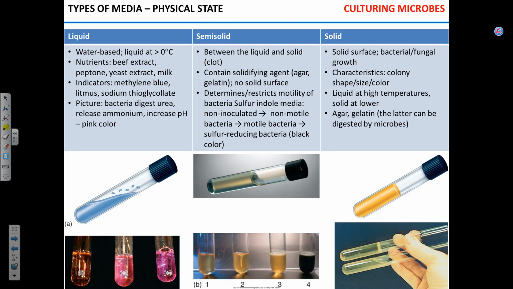Based on the physical state, you've all seen agar plates, well, I suppose. Agar is solid, right? It's pretty obvious. Solid and liquid. There's liquid medium here with the microbe in it.